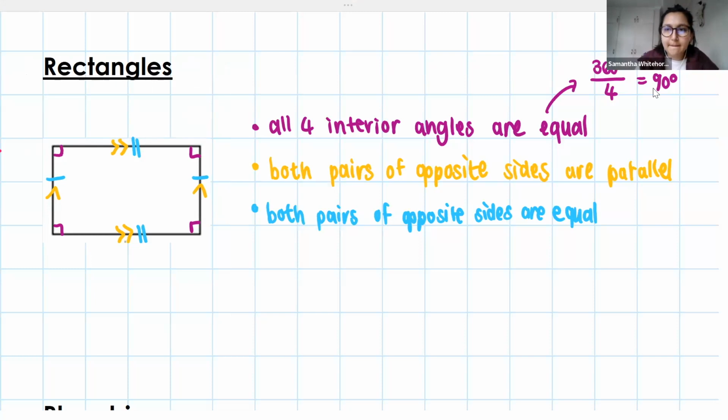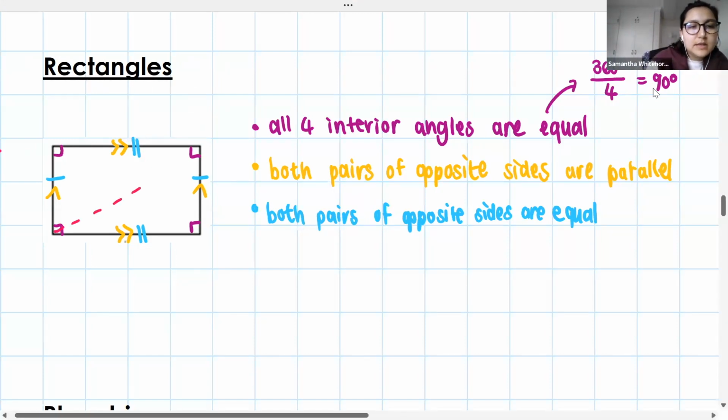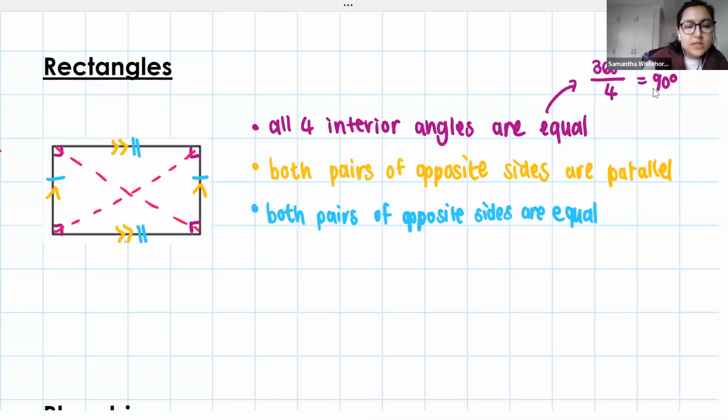Ma'am, 2 lines of symmetry. Okay, good. So guys, again, we've got those diagonals in a rectangle. Now what's special about these diagonals is that they're equal in length.